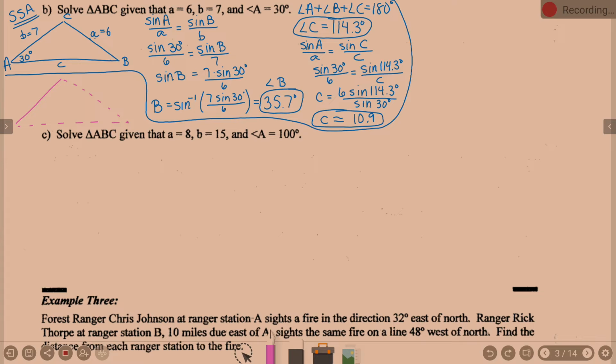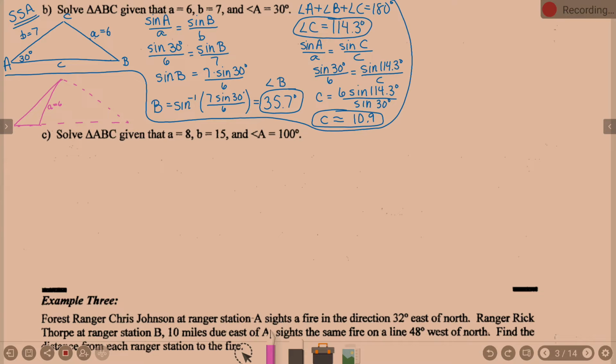A is still 30 degrees, and side A is still 6, but what's going to happen is side A is going to swing over, and we're going to have a tiny little triangle here.